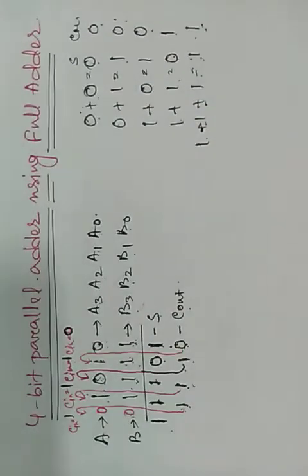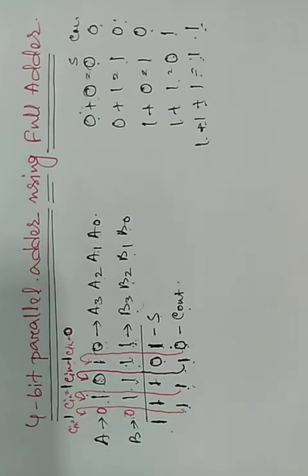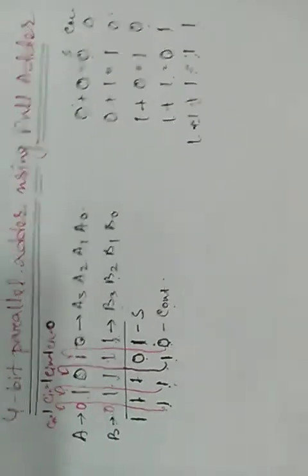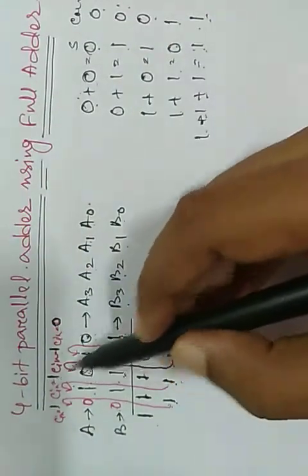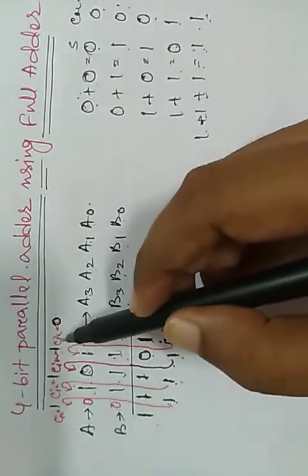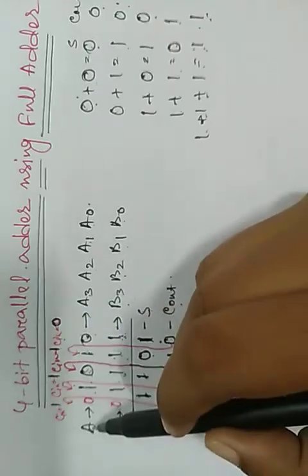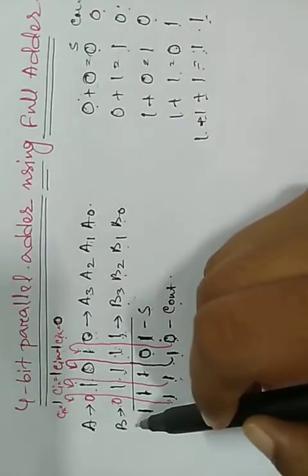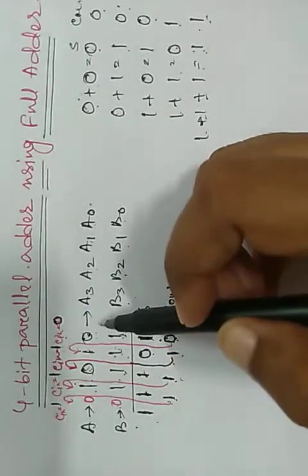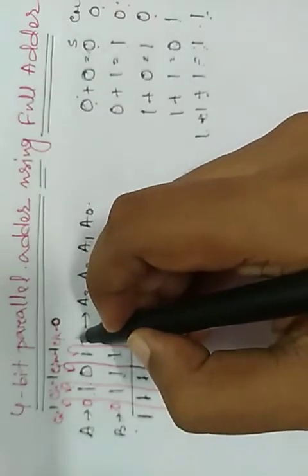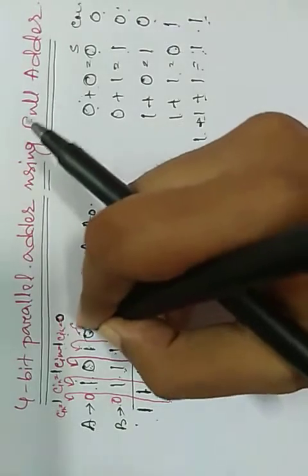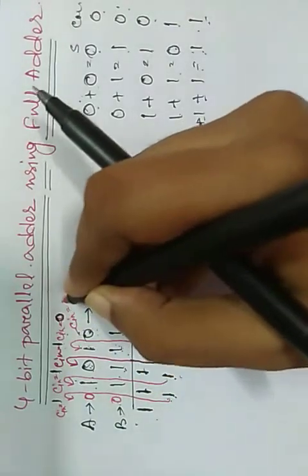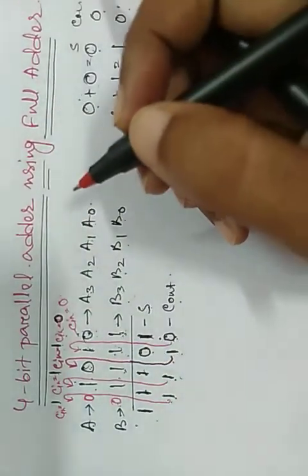Now whenever we perform addition, we add 3 bits: one is Cin, another is A, and another is B. So we need a full adder here, and in the first bit obviously Cin is 0.